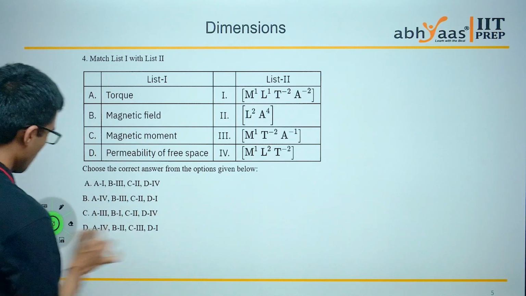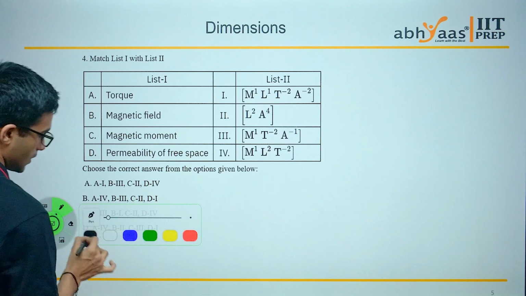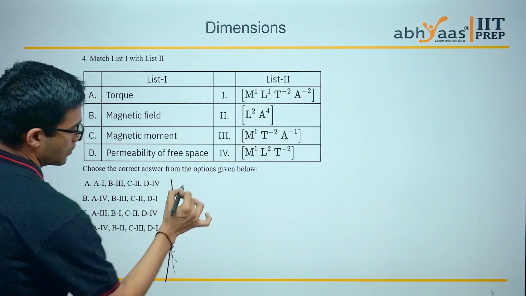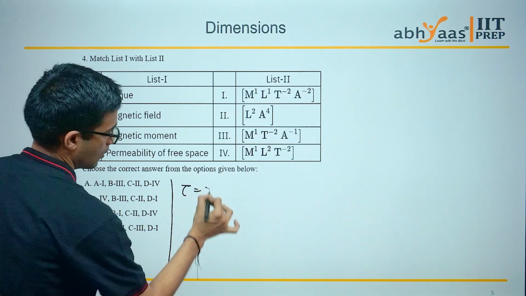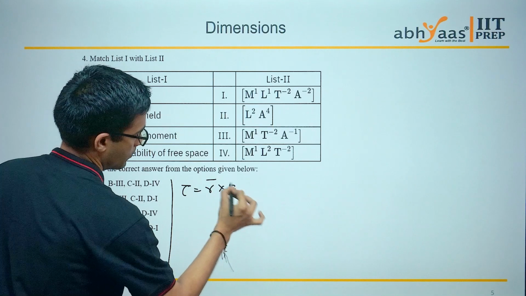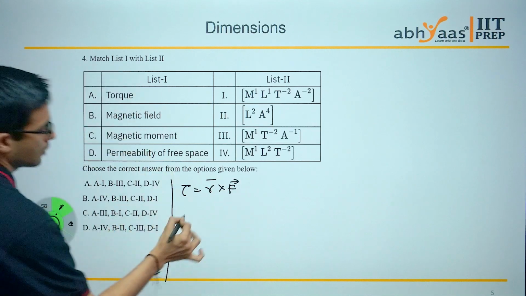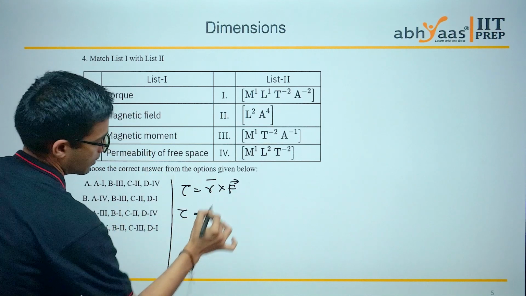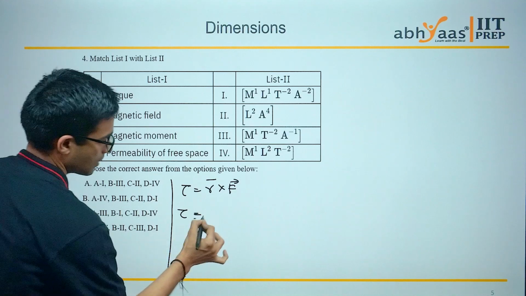Torque. When you remember torque, what will you get? Torque tau is equal to R bar cross F bar. So torque has R meaning radius.